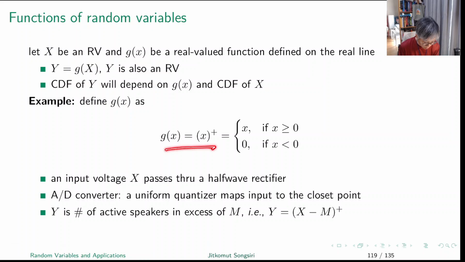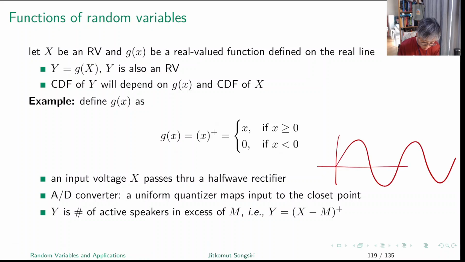For example, the ReLU or half-wave rectifier. This notation says that you're going to take only the positive part of x. When x is greater than 0, it gives you x, and it gives you 0 when x is negative. We have this example all the time in engineering applications.